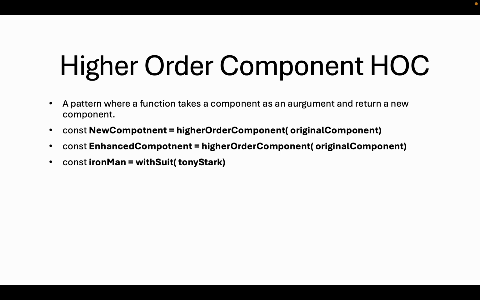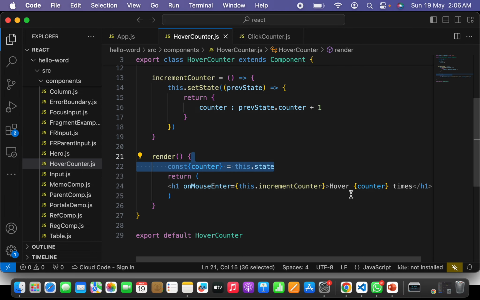So I think you understand what HOCs are. HOCs are components or functions that take a component as an input and return a component as an output. Let's go into our code and implement one normal higher order component.